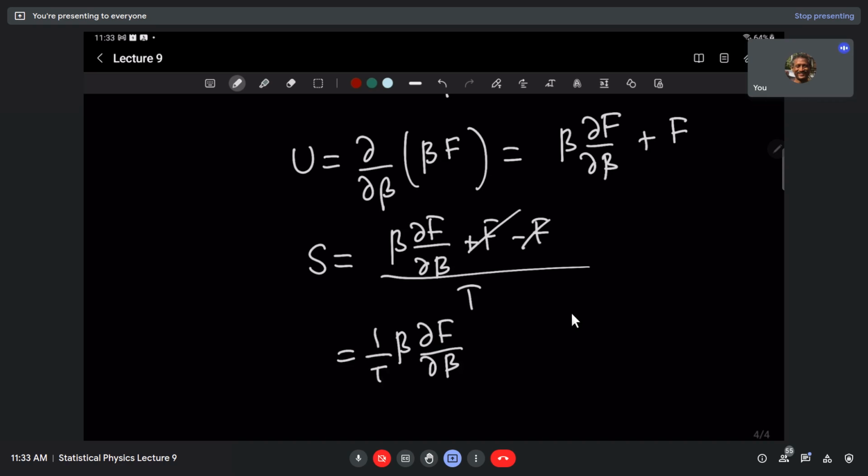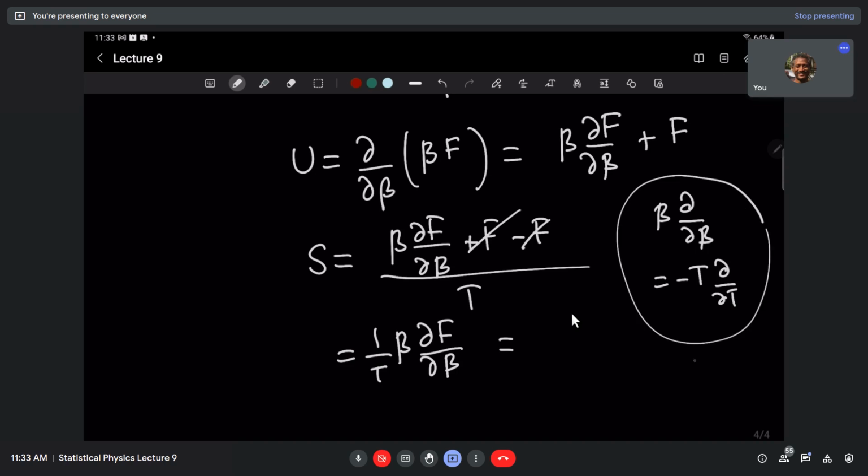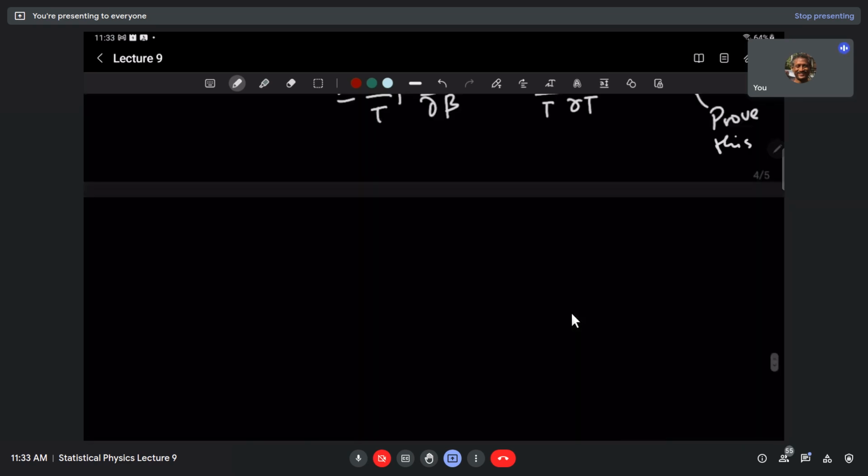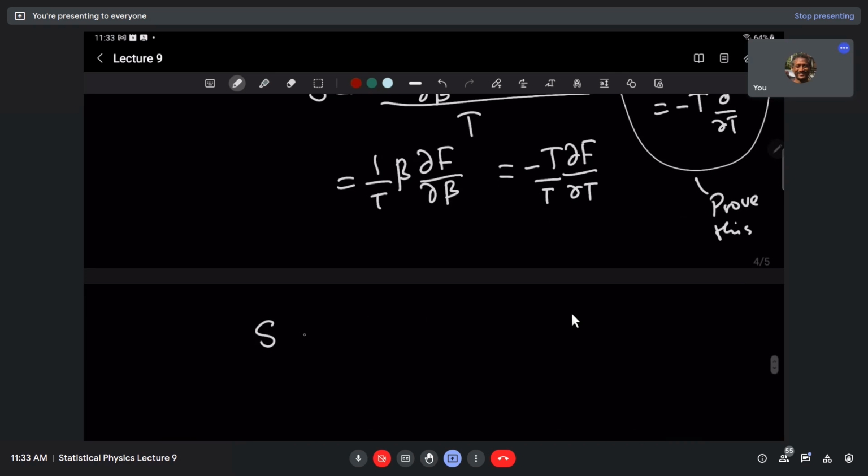But this is a little bit ugly because there's beta and T, so we would like to convert back and forth. Since beta is proportional to 1 by T, you can show that d by d beta is equal to minus T squared d by dT. Prove this. So up to a sign this becomes minus T dF by dT, and there's a 1 by T here. So finally we have a formula which says S equal to minus dF by dT.